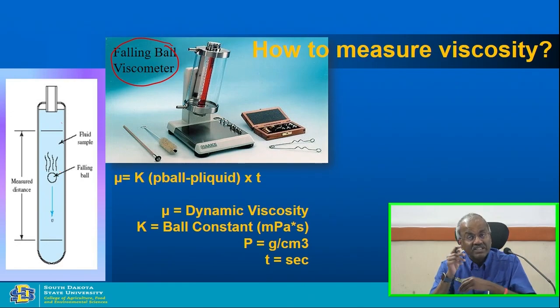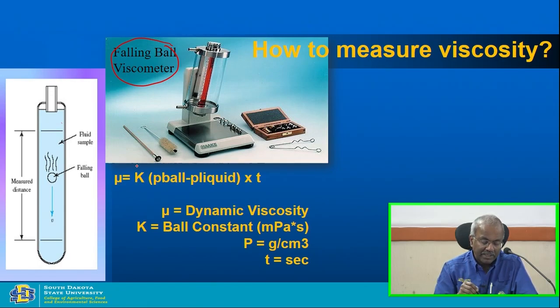Because of the density difference, you can calculate the viscosity of the fluid here. So that's the principle. Viscosity is equal to the ball constant times the density of the ball minus the density of the liquid, times the time it takes to travel from point A to point B.